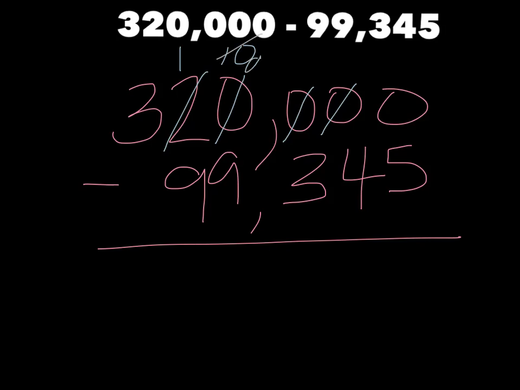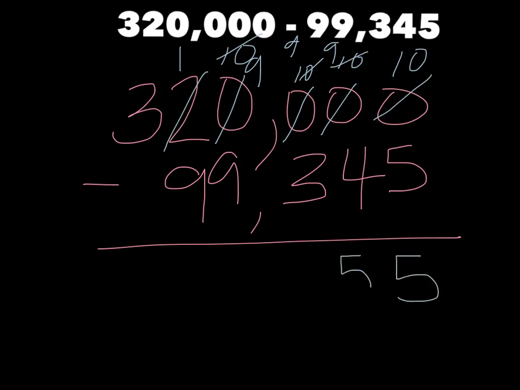That becomes a 9. And now this is a 10. I have 10 hundreds. Because I have 10 hundreds, I have enough for the tens to borrow. So this becomes a 9. And now I have 10 tens, so I can borrow from it. That becomes a 9. And now I have 10 ones, which leaves me ready to subtract.